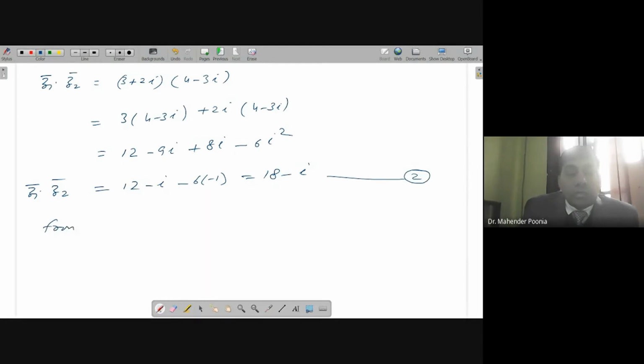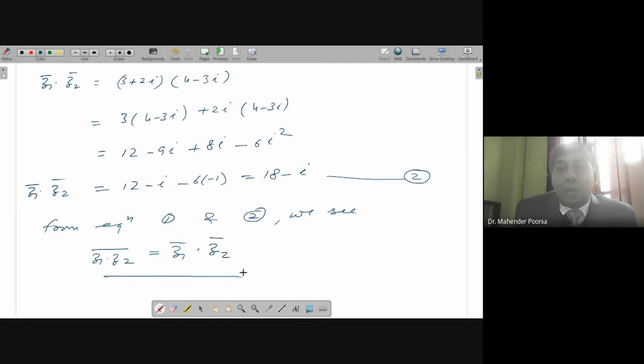From equations 1 and 2, we see Z1 into Z2, its conjugate, is equal to Z1 conjugate into Z2 conjugate, right?